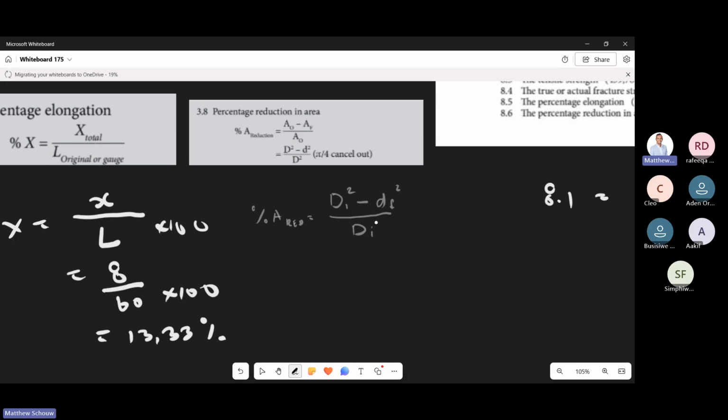So all squared. There was pi over 4 on each one for the area, but we obviously cancel them out. Mathematically speaking, it's a common factor. So all we do is take the initial diameter, which was 12. We can just keep it in millimeters. We don't have to change units. The final diameter was given as what again?